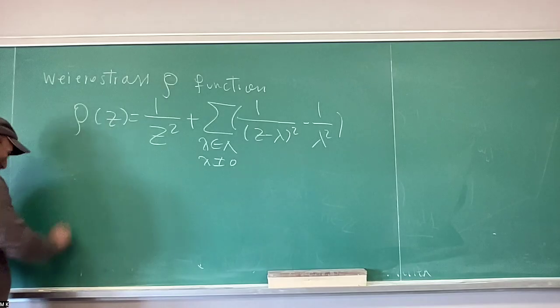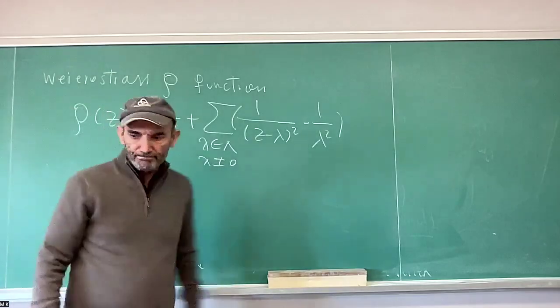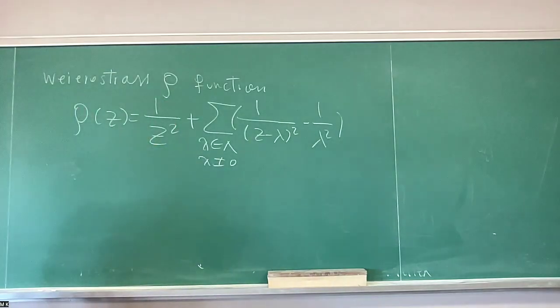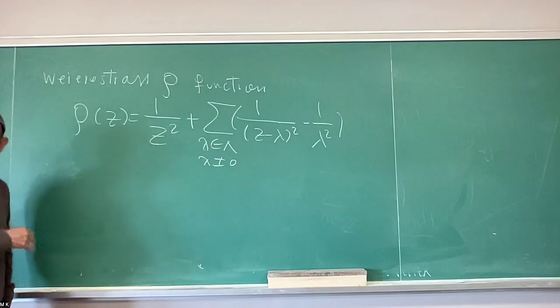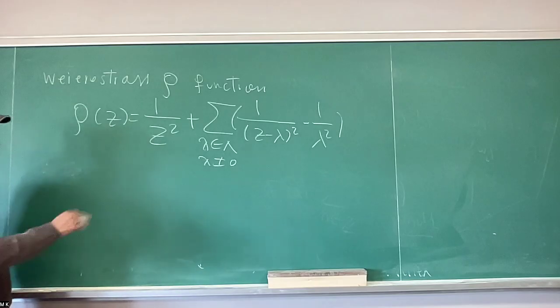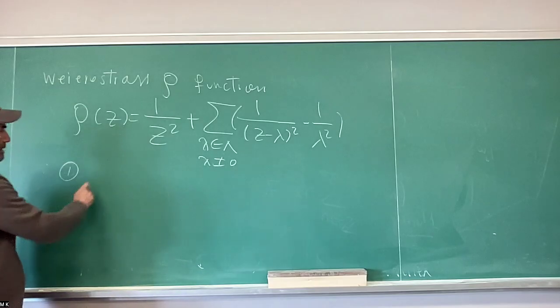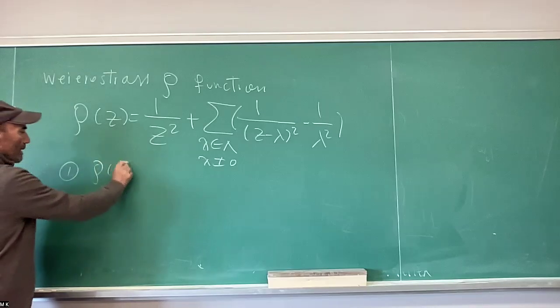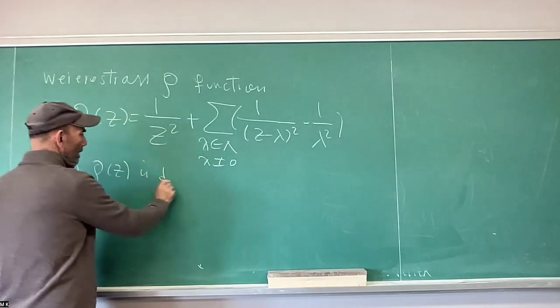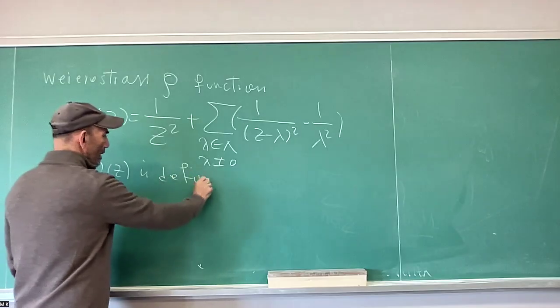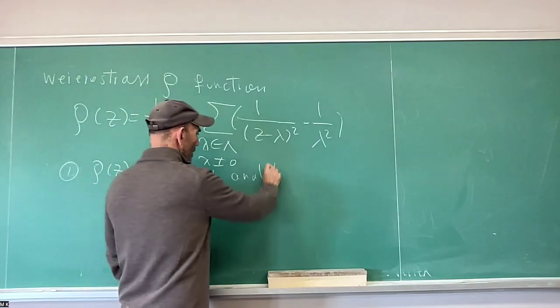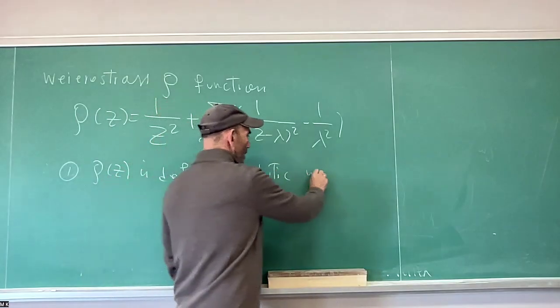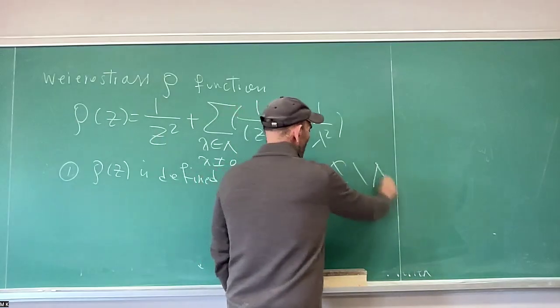Right? And now this function, first of all, you have to check some analytic points, but these are elementary and you can check them. The first point is that P of z is defined and analytic in C minus the lattice points.